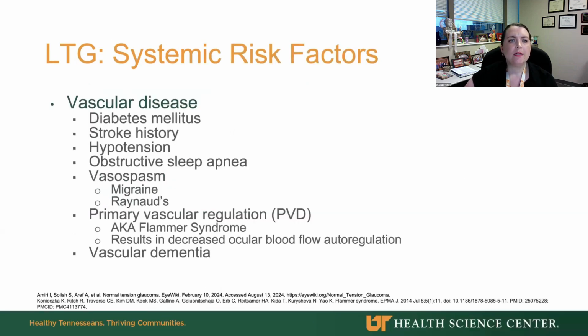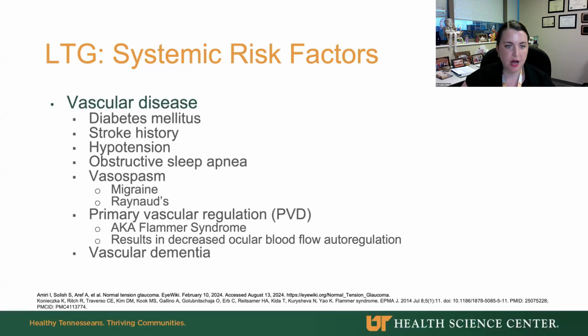Diving into more of these systemic risk factors or associations, there seems to be much emphasis on whether there's vascular disease in these patients, including a history of diabetes, stroke, hypotension, obstructive sleep apnea, vasospasm, including migraine and Raynaud's phenomenon, or a primary vascular regulation issue.